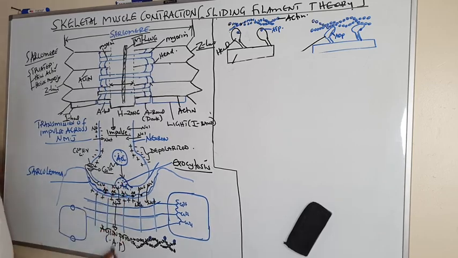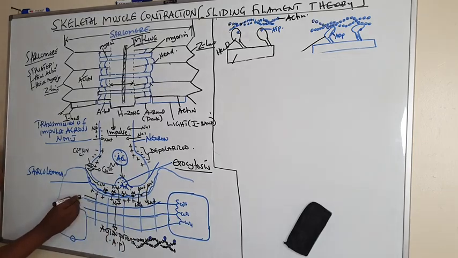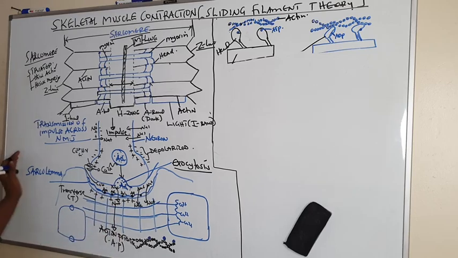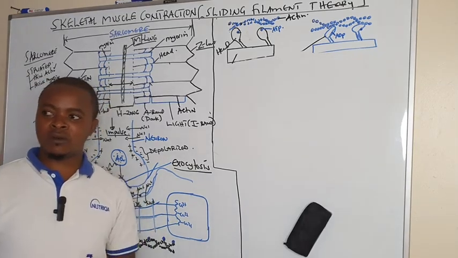What causes propagation of the action potential is what we call the transverse tubules, or T tubules. They cause propagation of an action potential across a muscle cell.